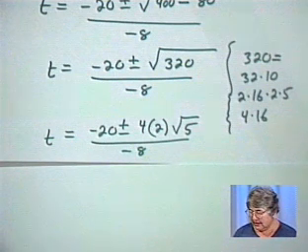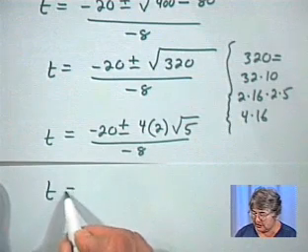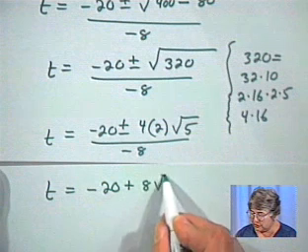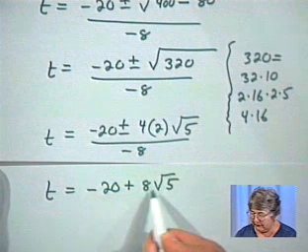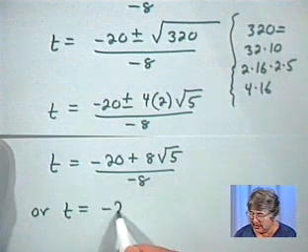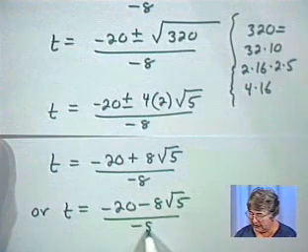Working with this, notice that we're going to have t equal to negative 20 plus 8 times the square root of 5, divided by a negative 8, and the other equals a negative 20 minus 8 times the square root of 5, divided by a negative 8.